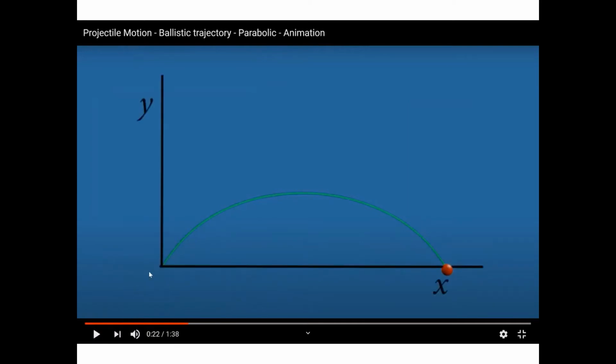If we assume at the beginning of the projectile motion a horizontal axis x and a vertical axis y, we have here initial velocity. Just after coming out from the cannon, we have something called initial velocity, V naught.